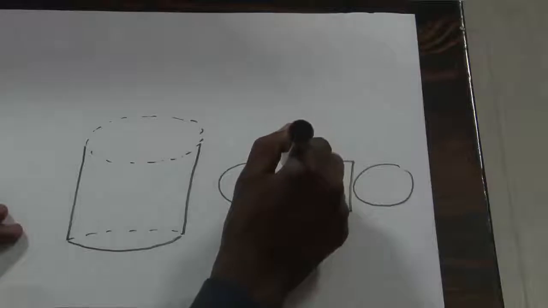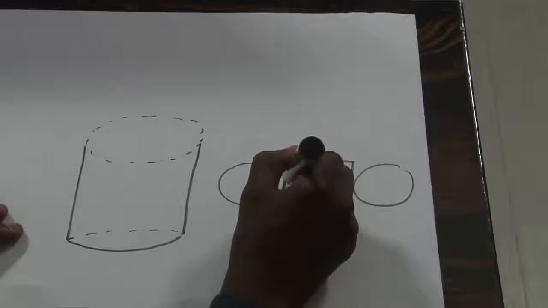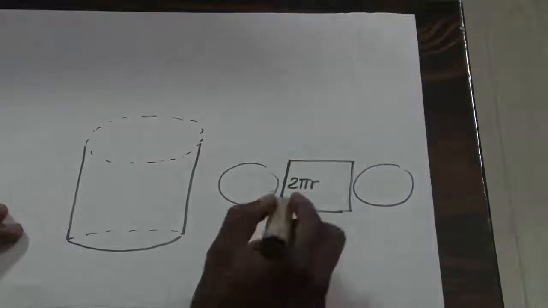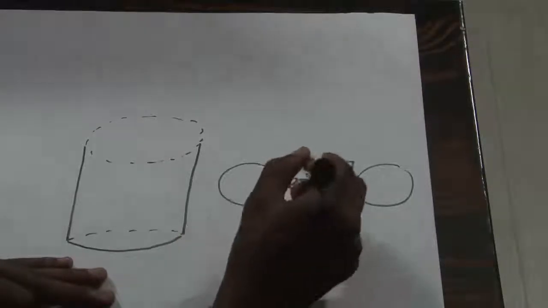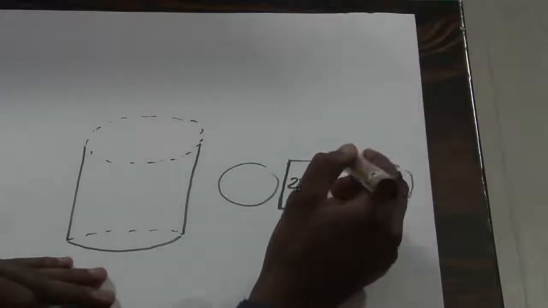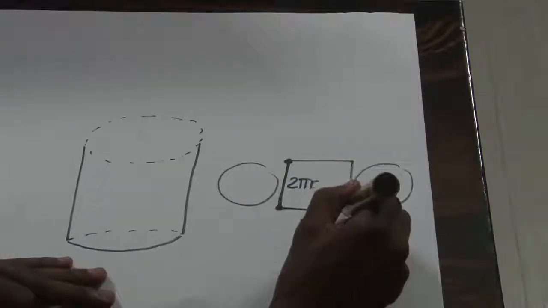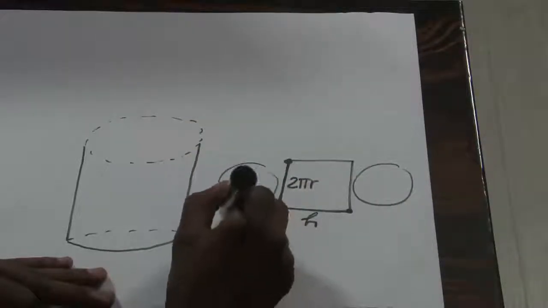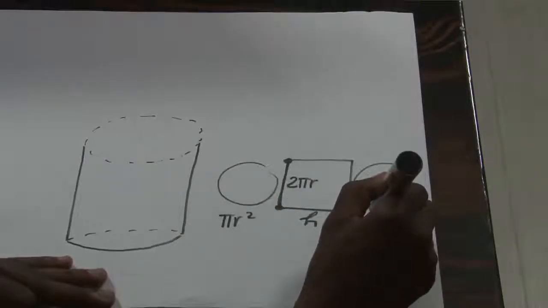So total surface area would include the area of this rectangle. Remember that it was a circle that is cut open, so its length would be 2 pi r, and this other side will form the height of the cylinder. The area of each circle would be pi radius squared.